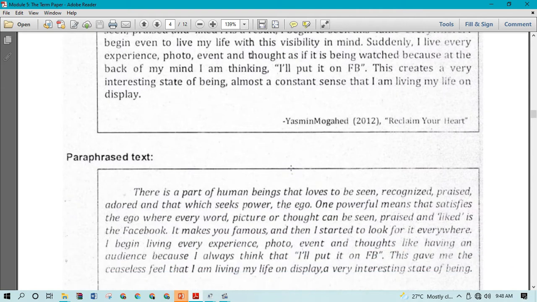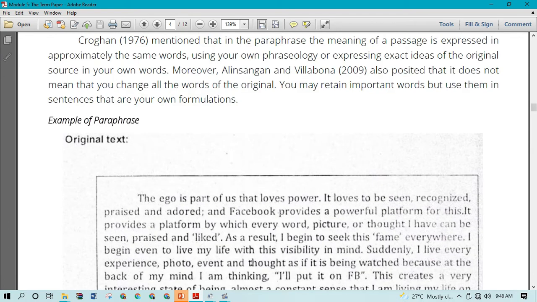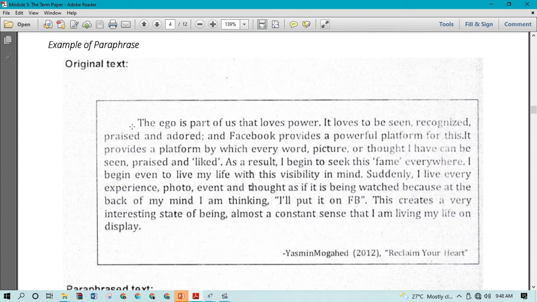Okay, I will let you read it on yourself so that you will understand what I'm trying to say. For instance, in the first sentence, we have the original text. It states here that the ego is part of us that loves power. It loves to be seen, recognized, praised, and adored, and Facebook provides a powerful platform for this.